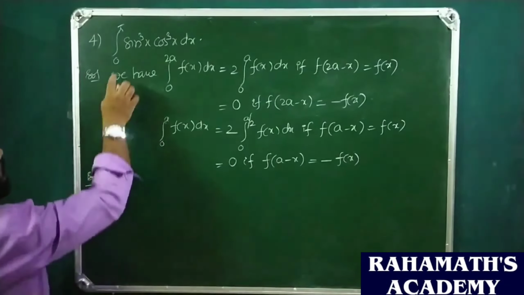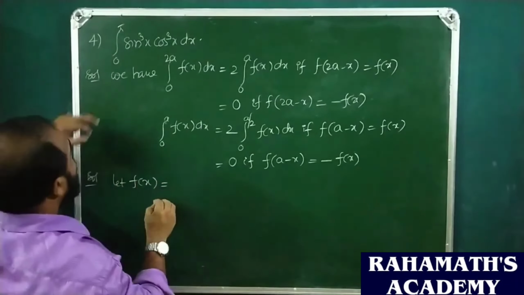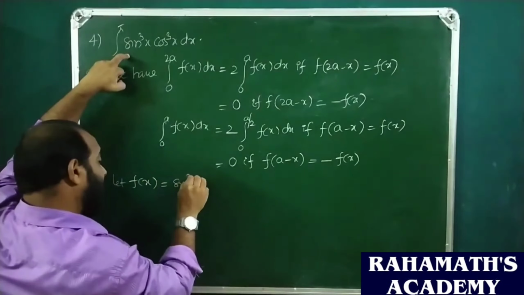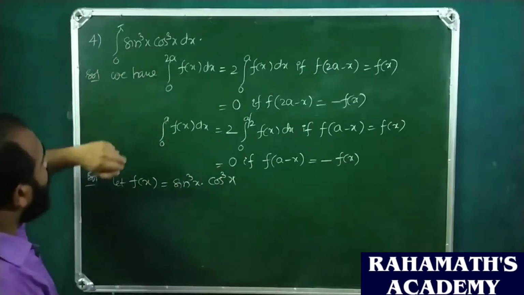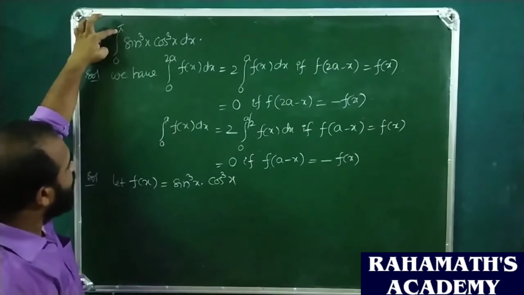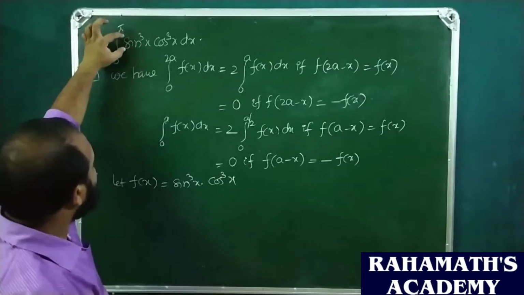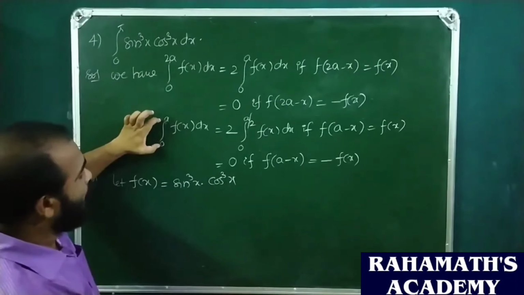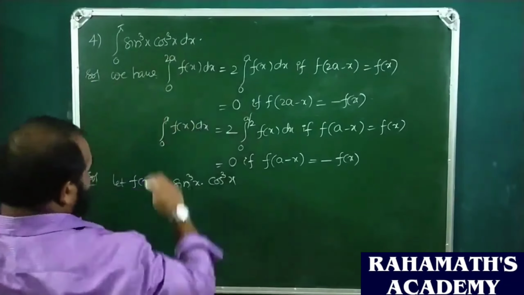solution, let f of x be equal to the given function sin cube x into cos cube x. So 0 to pi, in the place of pi, a is there. Therefore, this can be compared with this property. So let us take f of x equal to this.